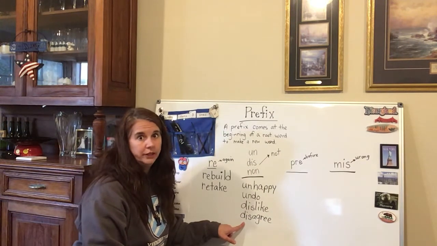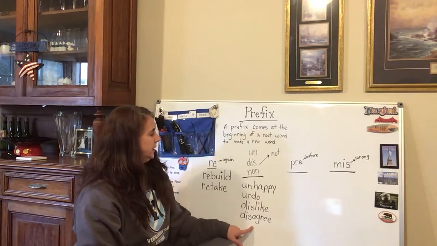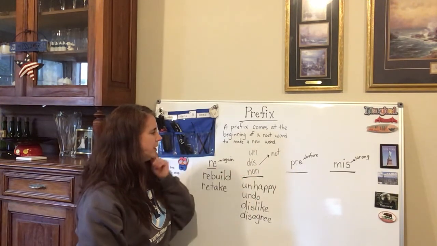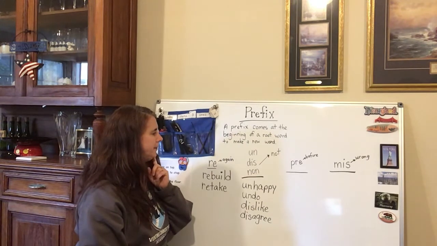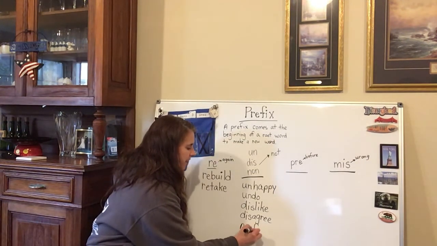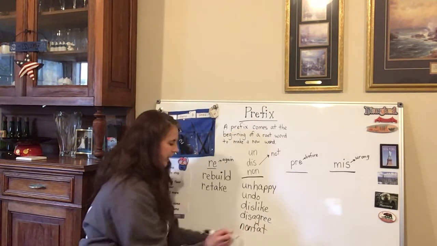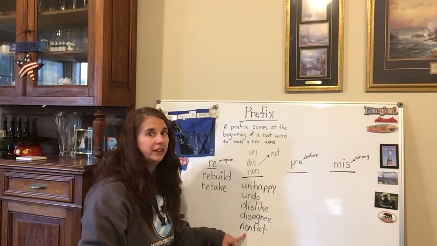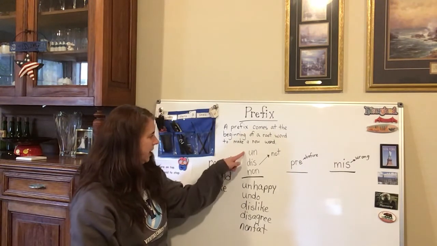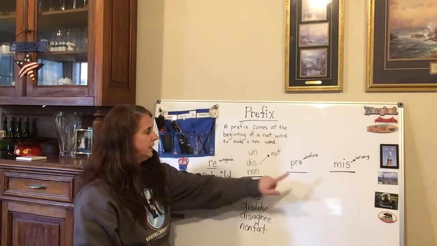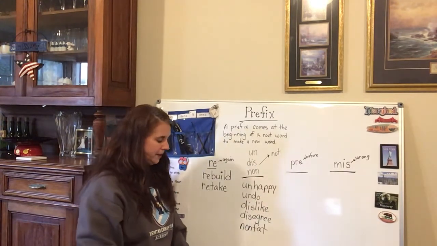You're not agreeing. Disagree. Oh, we forgot non. Let's do one with non. There's what's called non-fat milk. And what that means is there's no fat in that milk. So it's non-fat. So we did un, dis, and non. Those all mean not.